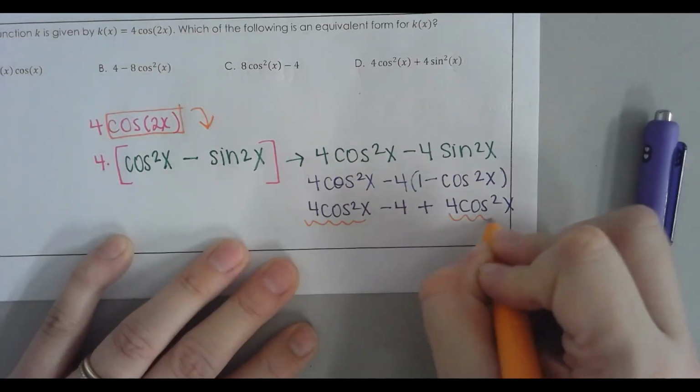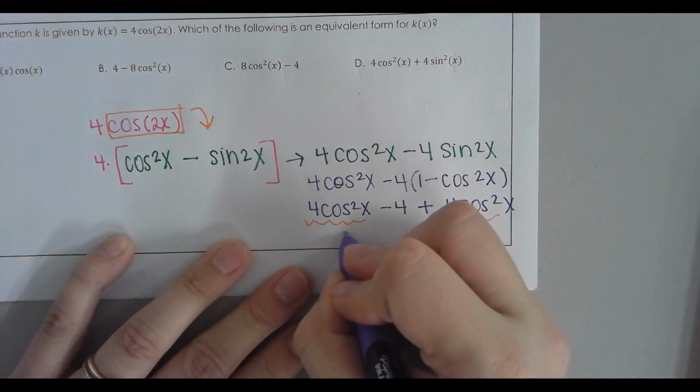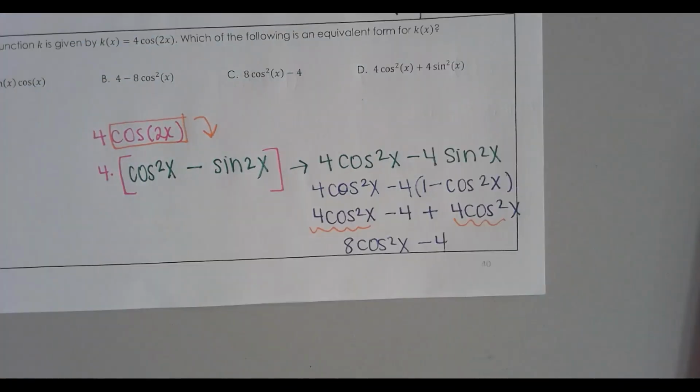And these are like terms, making 8 cosine squared x. Is that an answer choice? No.